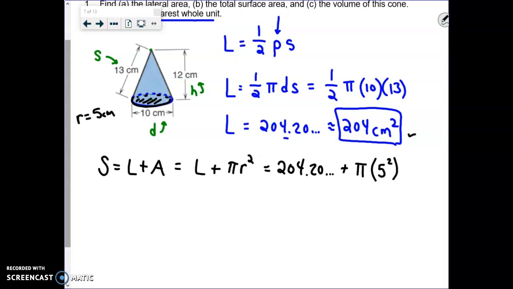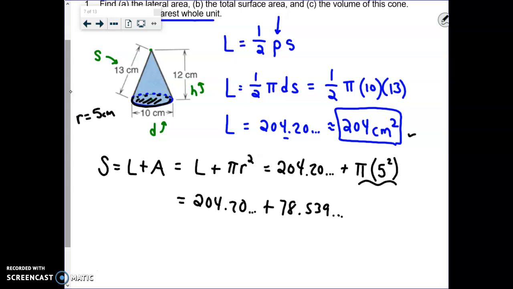So if you go ahead and take a look here, your lateral area was 204.20 plus this right here, 5 squared is 25 times pi. That's about 78.539.